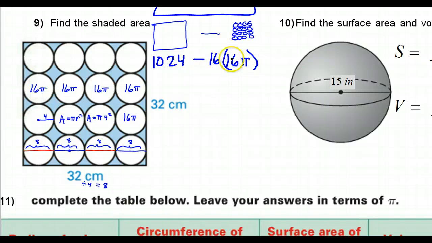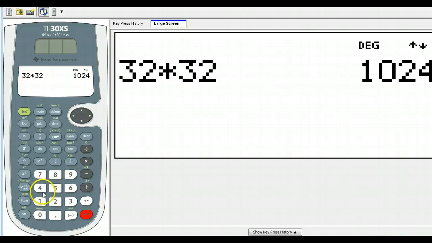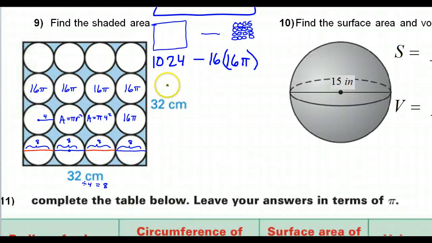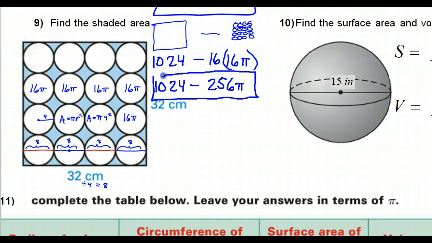So I had to multiply by 16, so I have not just one circle, but all 16 of them. Anyway, what is 16 times 16? 256. So that means I will have 1024 minus 256 pi. So this would be the final answer, in exact form.